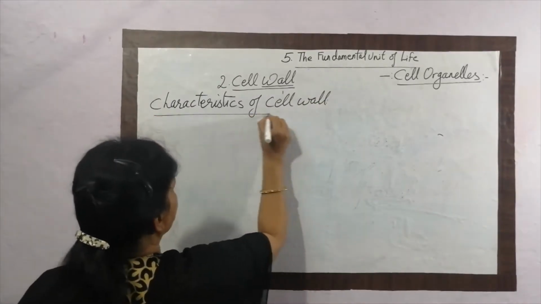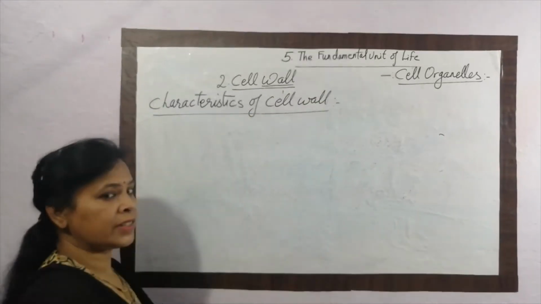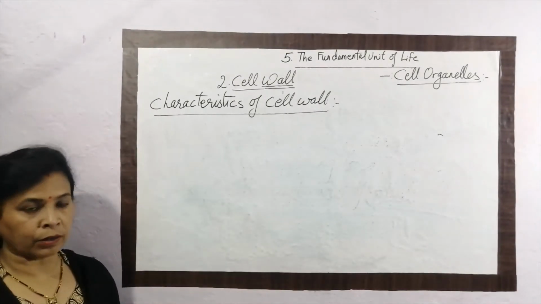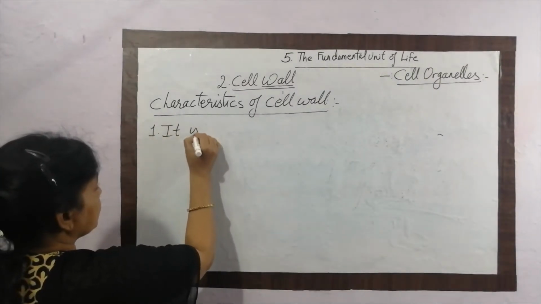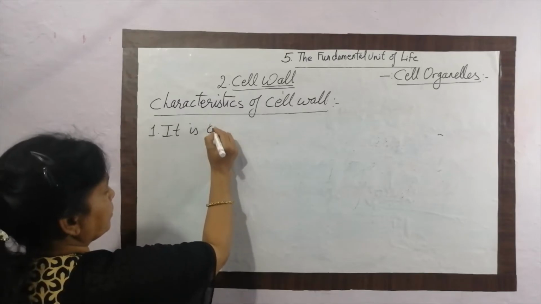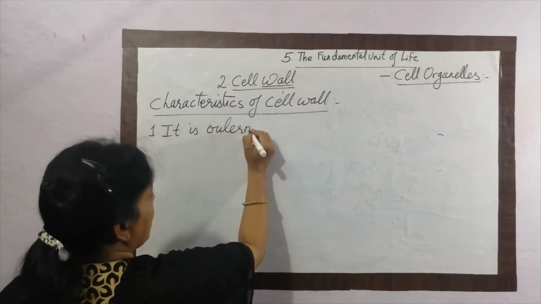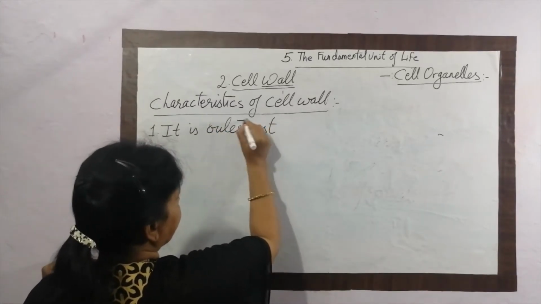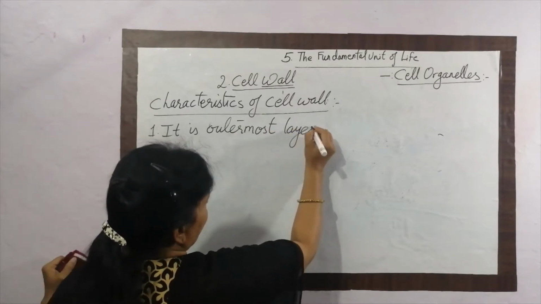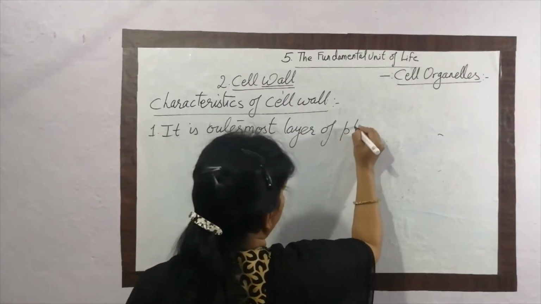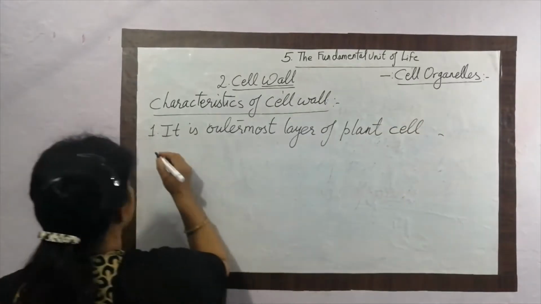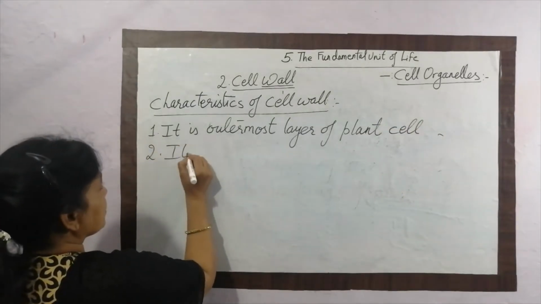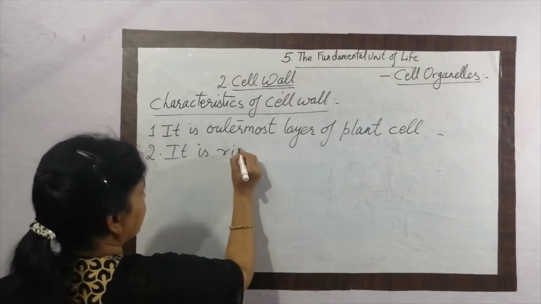Okay, what are the various characteristics which are present in the cell wall? Based on what you have studied so far, you can say. It is the outermost layer of plant cell. Second, it is rigid in nature.